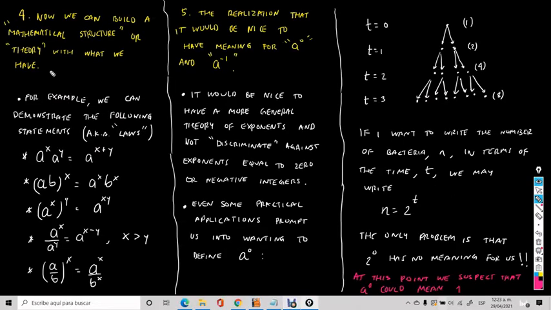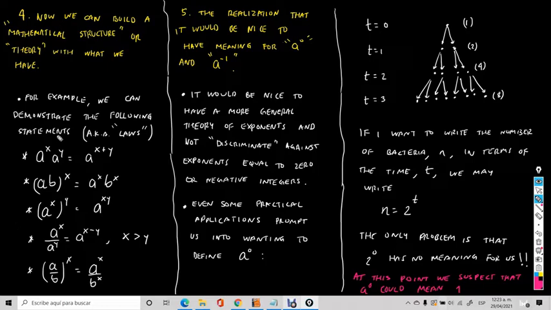Let's continue with chapter 4. So chapter 4. Now we can build a mathematical structure or theory with what we have at this point. For example, we can demonstrate the following statements, also known as laws. So basically, guys, all of these things that we have been calling laws are basically statements, right?